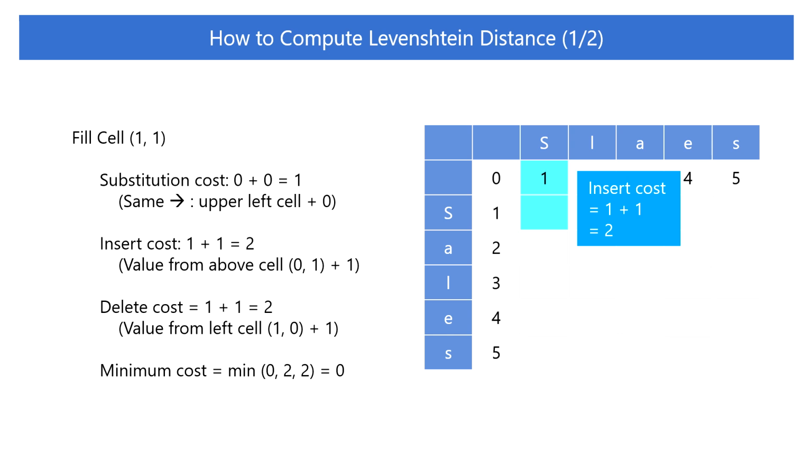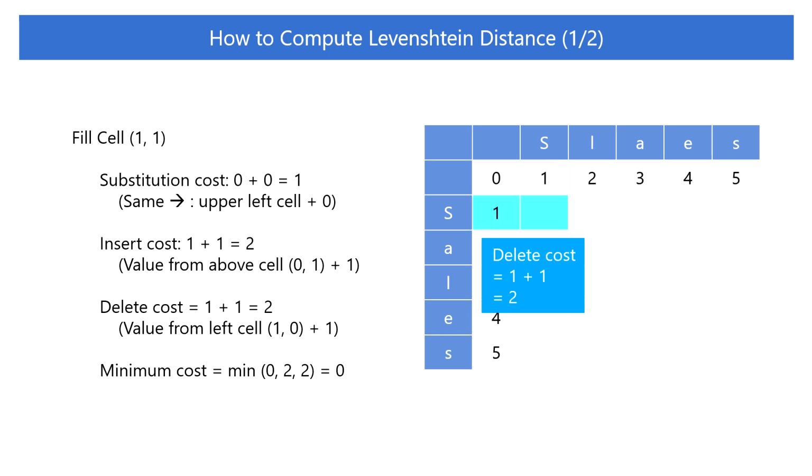So the insert cost is 1 plus 1, which is 2. The delete cost is the value from the left cell plus 1. So the delete cost is 1 plus 1, which is 2. So the minimum of these costs is 0. So set the cell 1, 1 to 0.